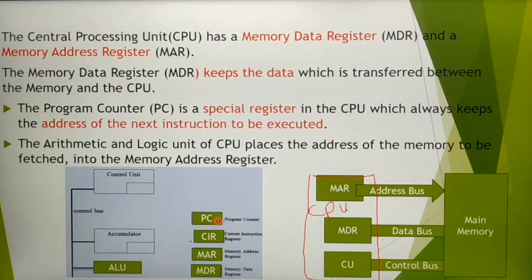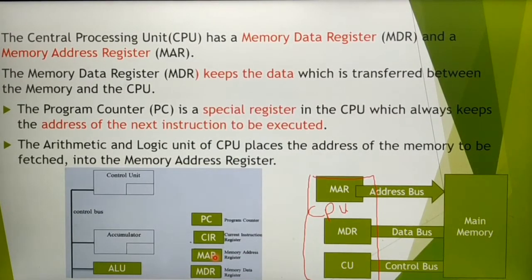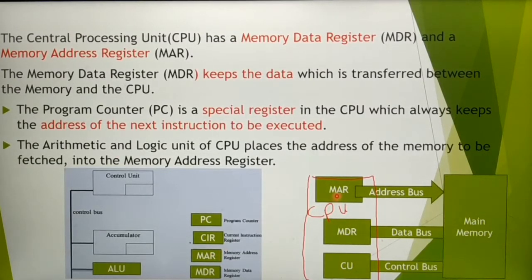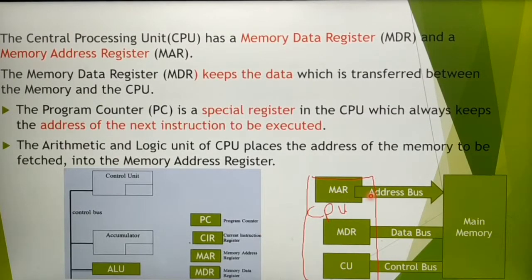What is the use of these parts? Suppose the processor wants some data from the main memory. The processor simply puts the address into the memory address register. This memory address register communicates through the address bus. The address bus carries the address.